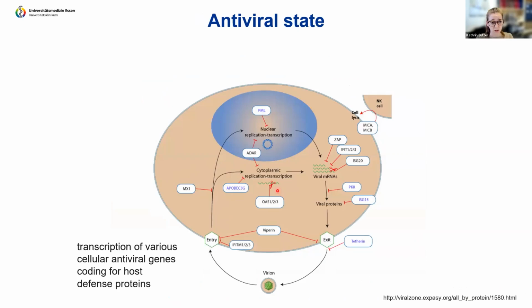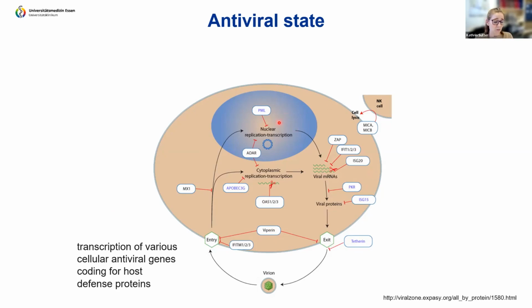Some are shown here. They can directly inhibit viral translation or viral transcription or replication. So I will not go into details here, just so that you see there are so many different genes or proteins which can directly interfere with viral replication.